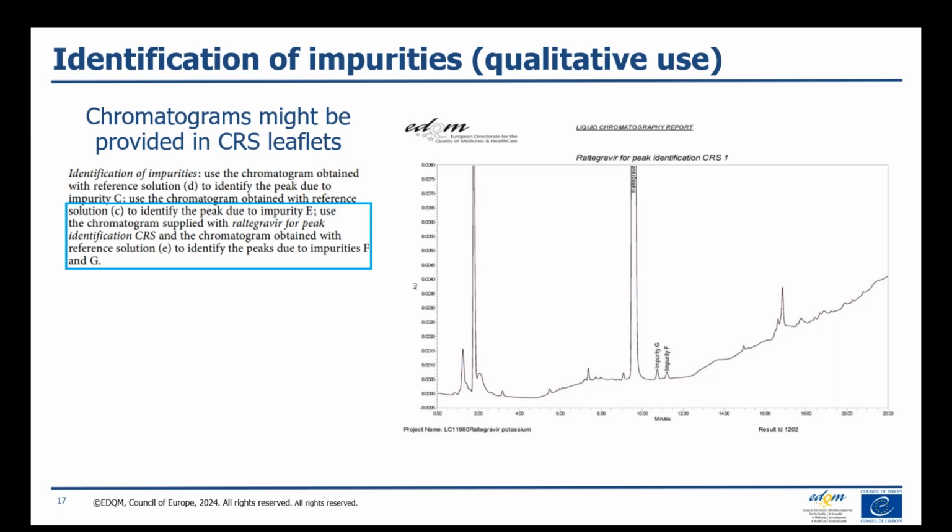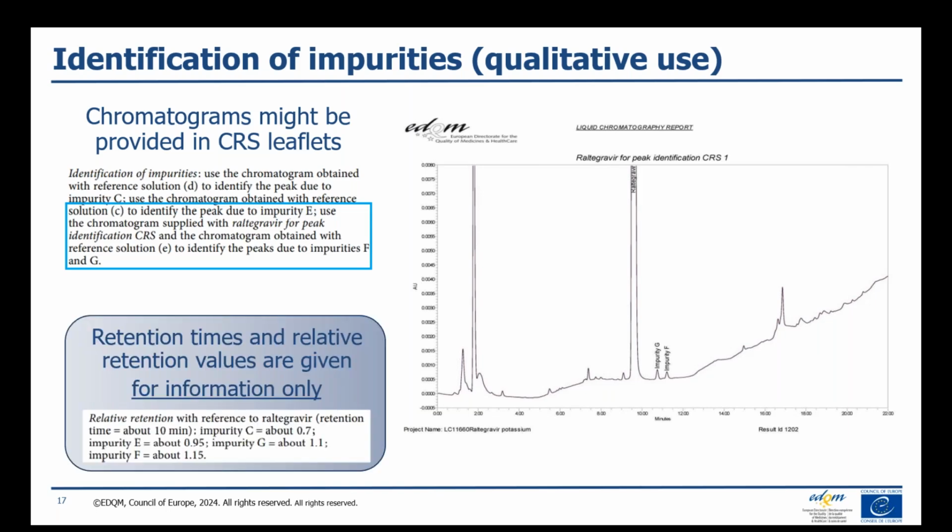We sometimes get the question about the retention times and the relative retentions which are given in the monograph. We consider that they are only given for information, so they are not mandatory. It is the reason why it is written as "about", and it's not a strict retention time.